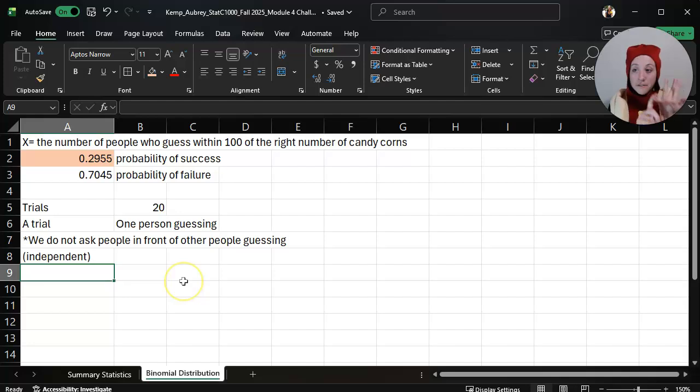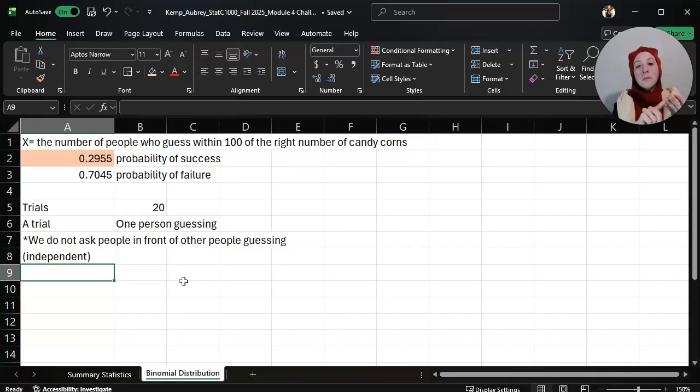Okay, so we have independent trials. There's 20 trials. We have a probability of success, which stays the same from trial to trial. Again, we're assuming the probability that someone guesses within 100 is about 0.2955. So I'll go over this again. We have a fixed number of trials. The trials are independent because people aren't listening to what other people are guessing.